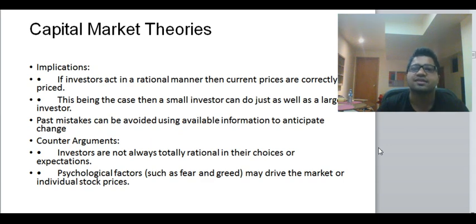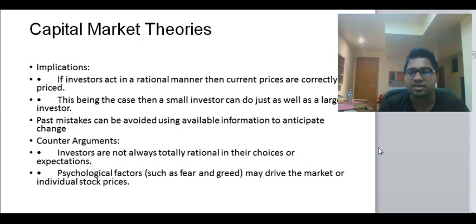This being the case, a small investor can do just as well as the large investors, because everyone is processing the information in the same way and getting the same information. So there is no distinction between a small investor and a big investor. Past mistakes can be avoided using available information to anticipate change.